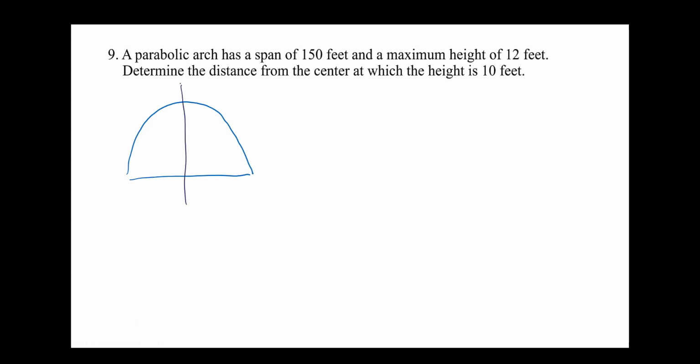So let's again throw this on an XY coordinate system. And I like to put the base of this parabola on the x-axis, and then the y-axis passes through the center, so to speak. So our parabolic arch has a span of 150 feet. That means if we center it at the origin here, we're going to have two different points on this arch, the point 75, 0, and the point negative 75, 0.